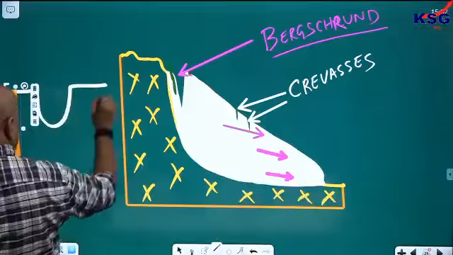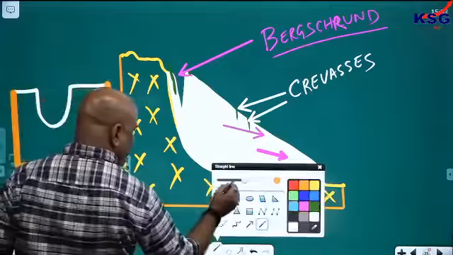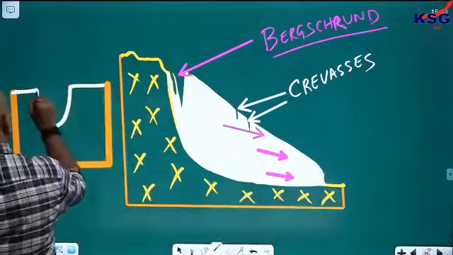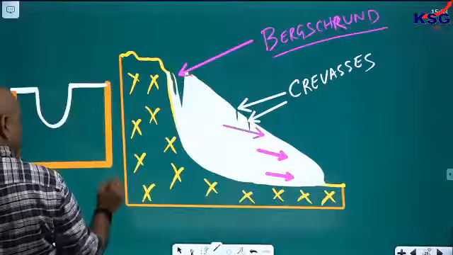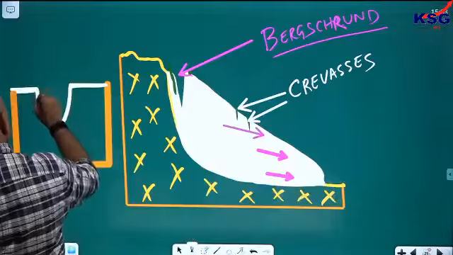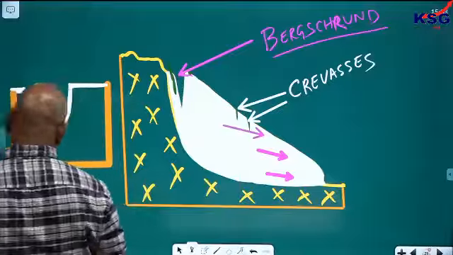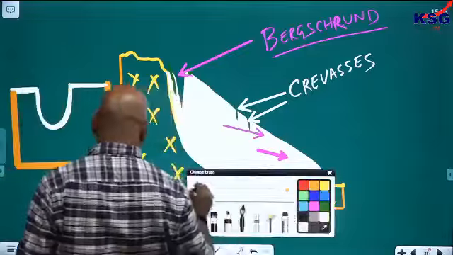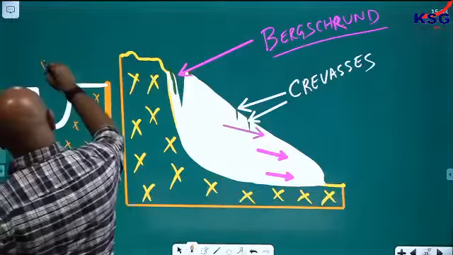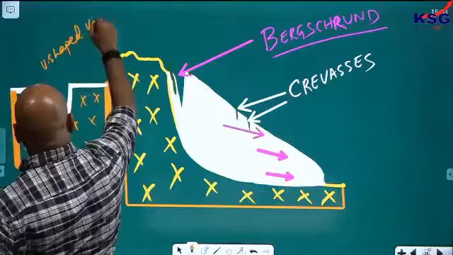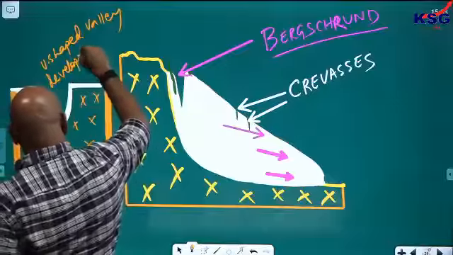The U-shaped valley develops by glacier.